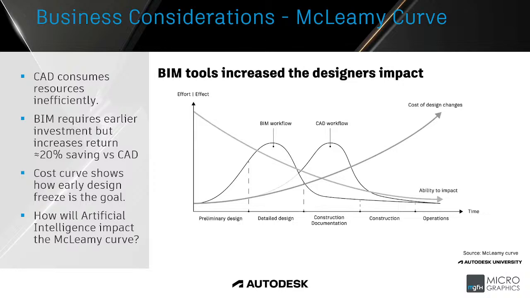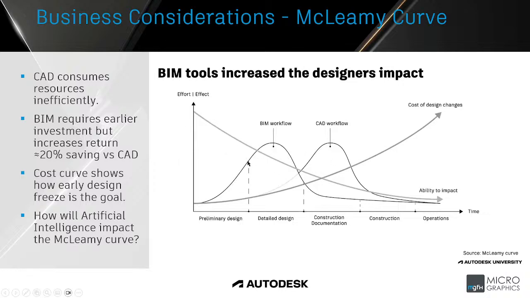The other thing that we need to note here is that the cost curve shows how early design freeze is the goal. All right? In the internationally best accepted practice for BIM, ISO 19650 these days, we would say we have an exchange information requirement by the owner of the project or the client, for want of a better word, and they would sign off on a design just before we get to the detailed design stage.